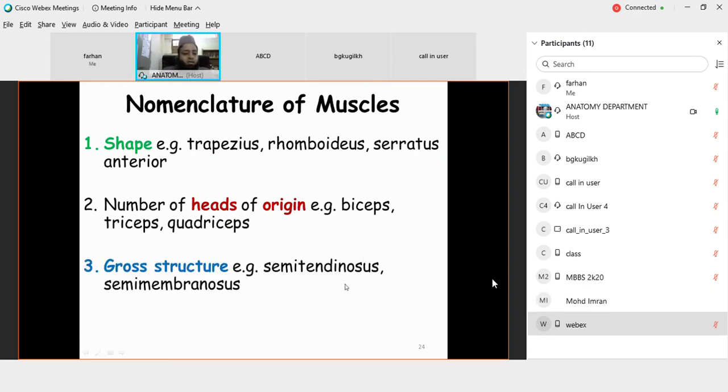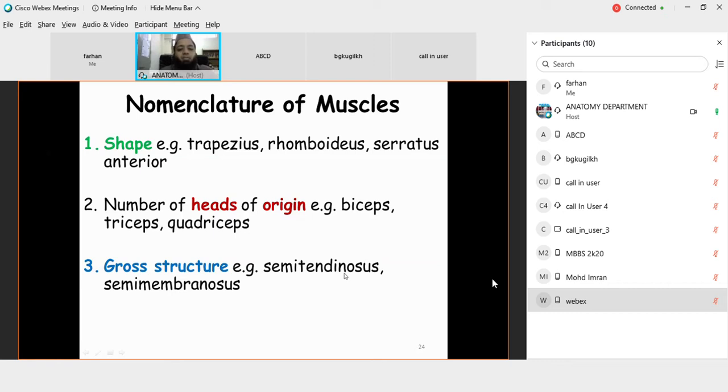Some muscle is having gross structure as semitendinosus, semimembranosus. Semitendinosus, semimembranosus, they are having partially tendon-like muscle. That's why it is called as semitendinosus.